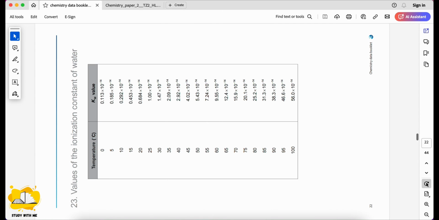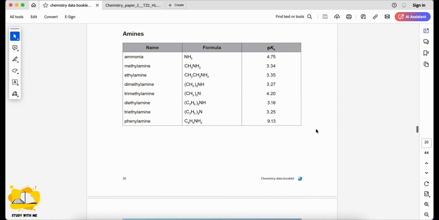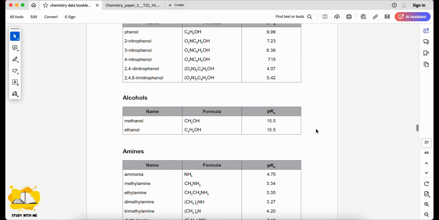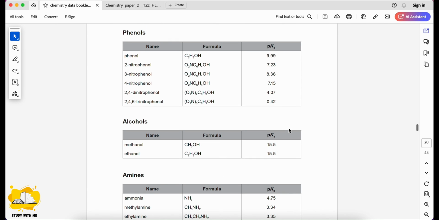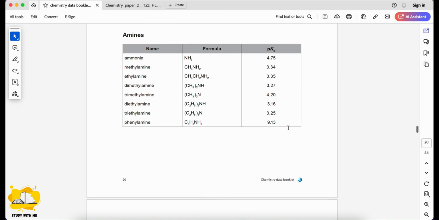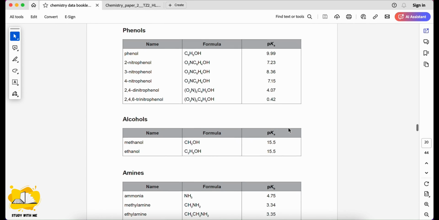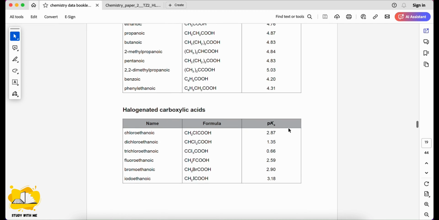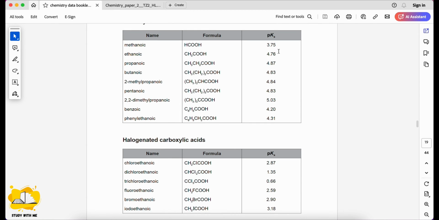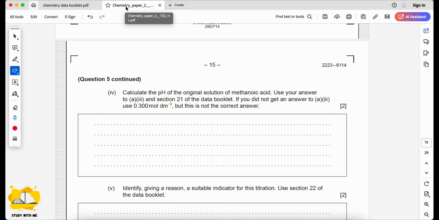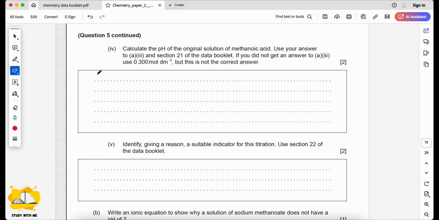So it's the pKa of methanoic acid, which is 3.75. All right, so Ka is 10 to the power negative pKa. That would be 1.78 times 10 to the power negative 4.